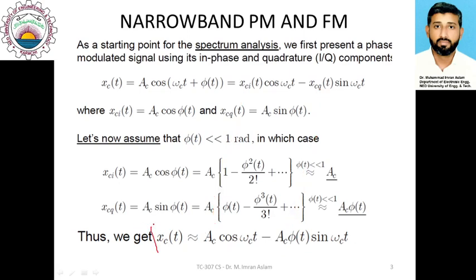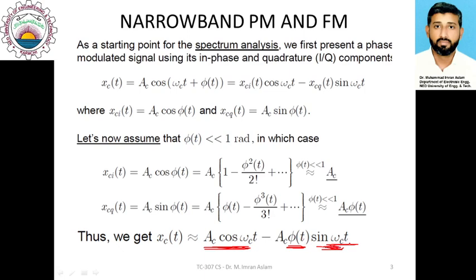This comes out to be the mathematical representation of the narrowband FM or PM signal, where the modulated signal is given as AC cos omega ct plus AC phi t sin omega ct. You can notice that the first term is actually the carrier, and the term phi t includes the message signal, and this is the 90-degree phase shifted carrier. So this is a part of the carrier.